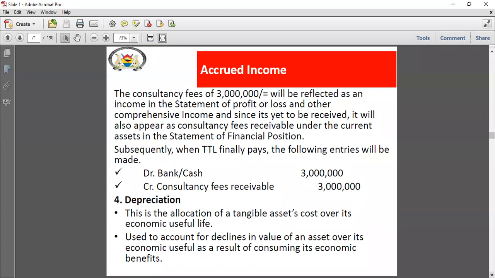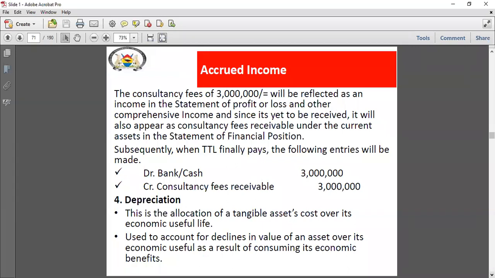So depreciation is the allocation of the tangible asset's cost over its economic useful life. You get it? So if, for example, we recognize and say this asset will be here for the next 5 years, if maybe this asset was, let's say, 10 million, and it's going to be in existence for the next 5 years, it means that every year we shall recognize depreciation of 2 million.